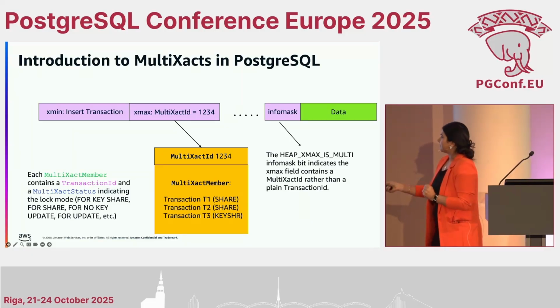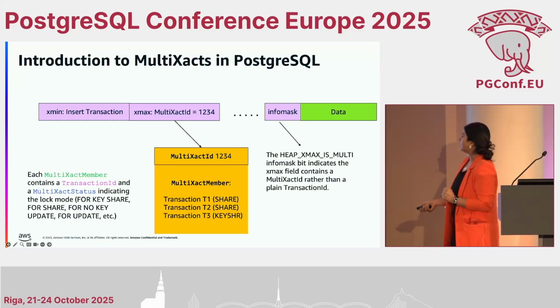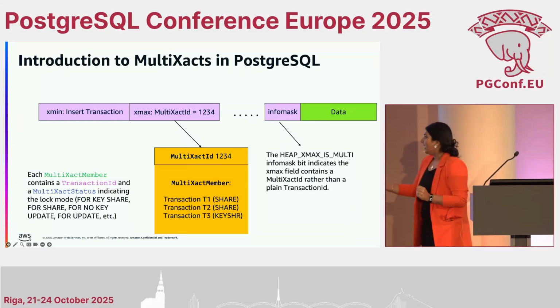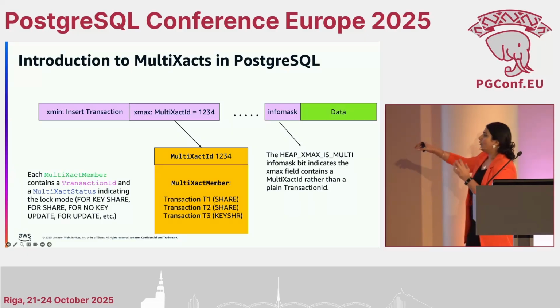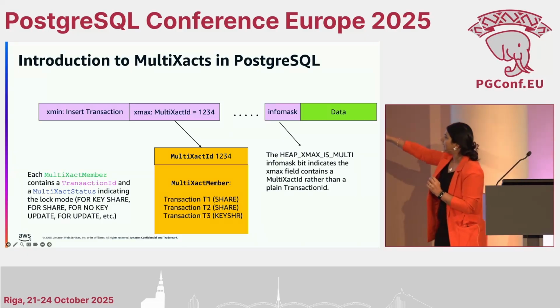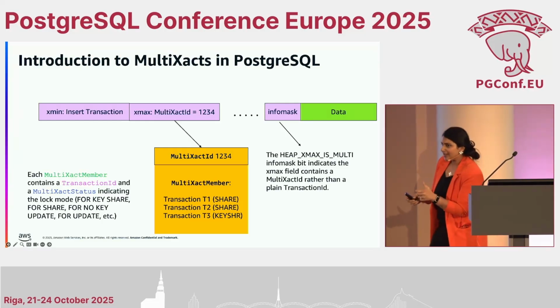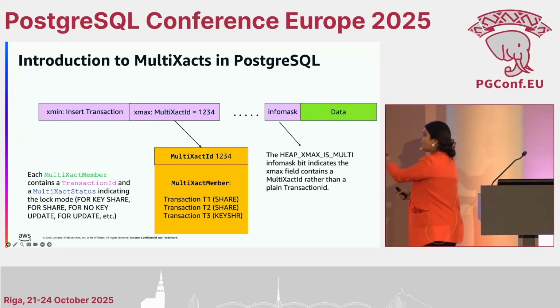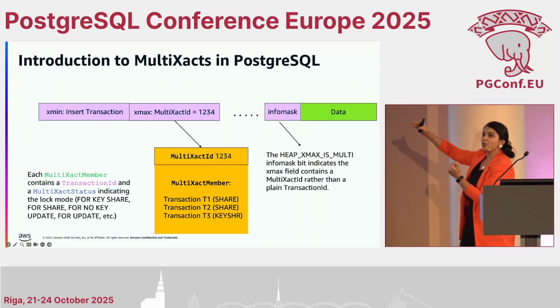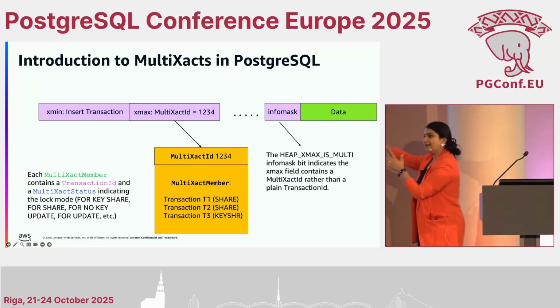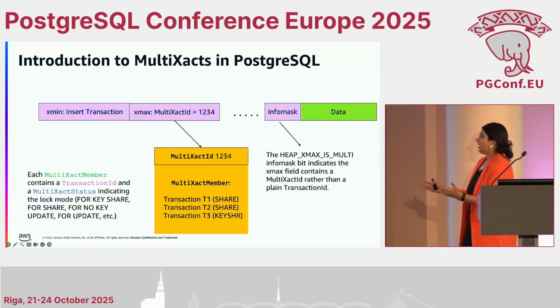In this example, the multiple transactions which are T1, T2, and T3 are trying to access or lock the same row. They are called MultiXact members, and there is one ID, 1234, which is stored in the Xmax. So this is that MultiXact ID, and these are the members.